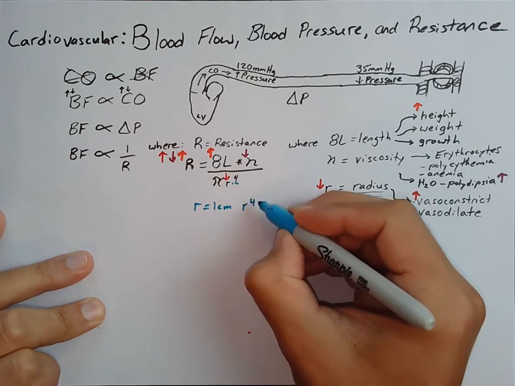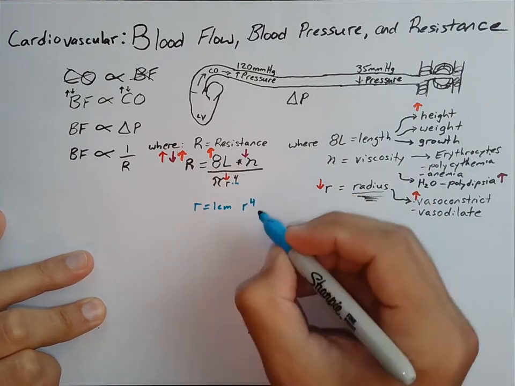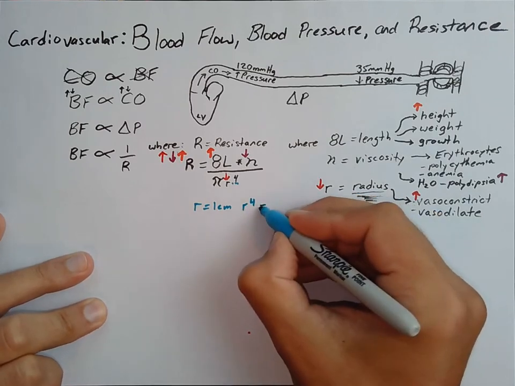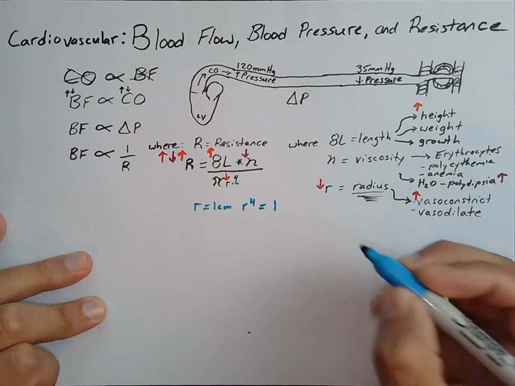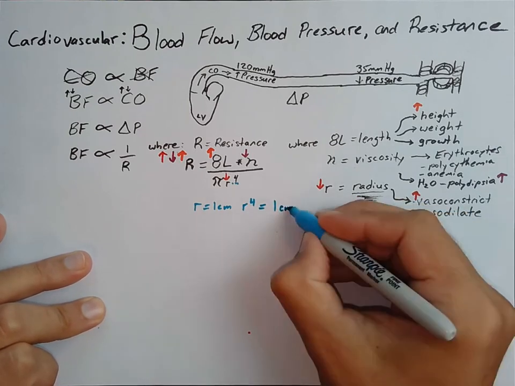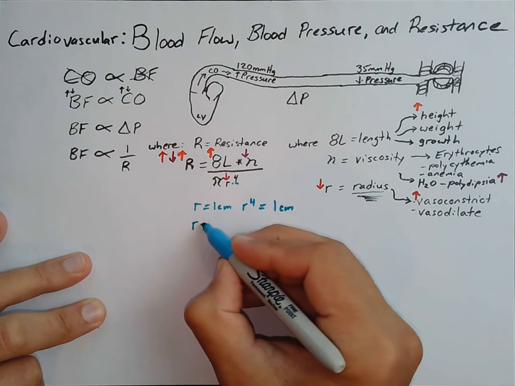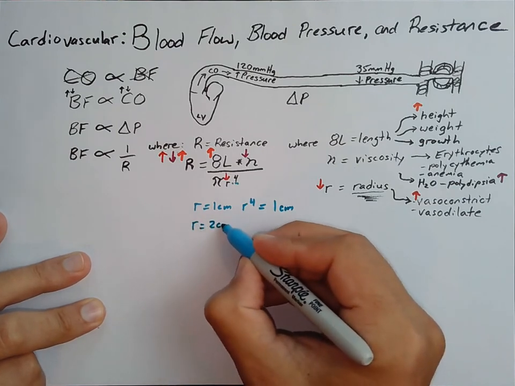Well, then we have 1 times 1 times 1 times 1. So that is going to equal 1. But let's increase the radius twofold. Let's make this 2 centimeters.